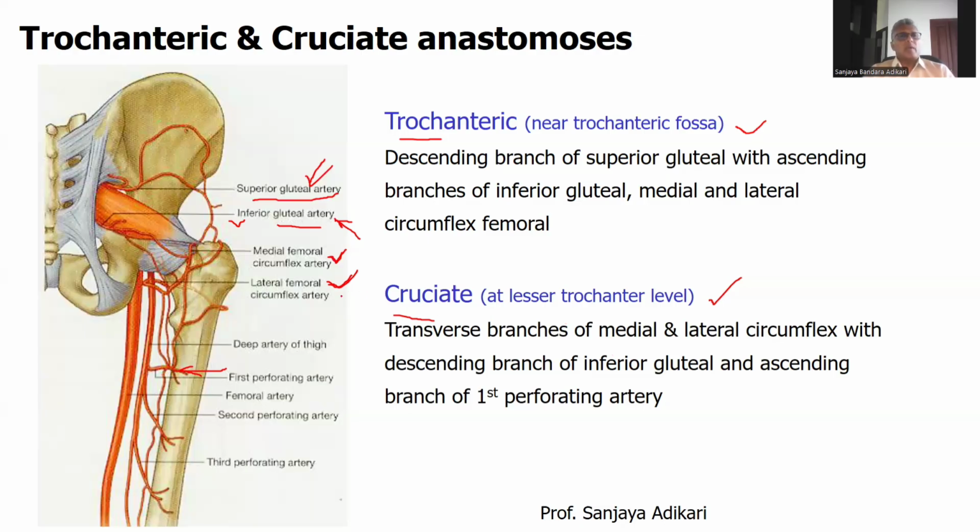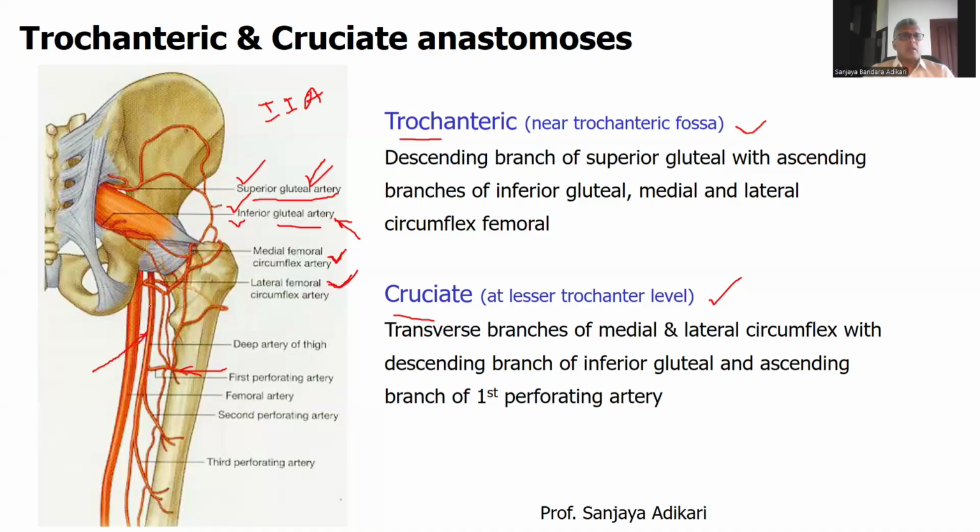Now what are the two systems that are anastomosed here? The superior gluteal artery and inferior gluteal artery are branches of the internal iliac artery. The femoral artery is a continuation of the external iliac artery. The deep artery of the thigh is a branch of the femoral artery.